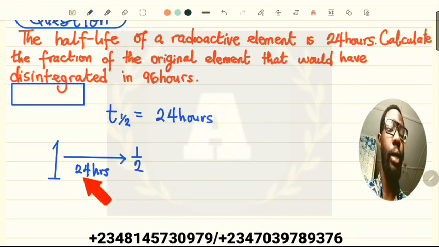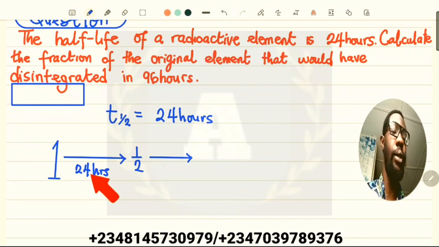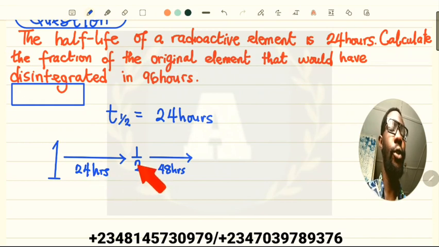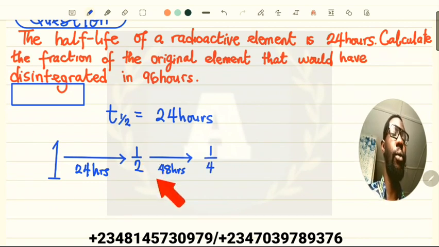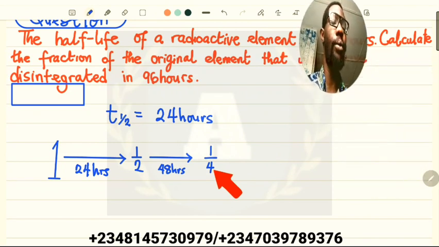After another 24 hours, that is 48 hours, it reduces to its half again: 1/2 multiplied by 1/2 gives 1/4.